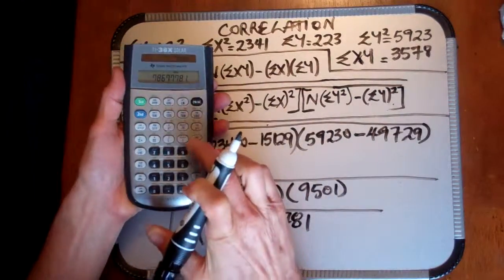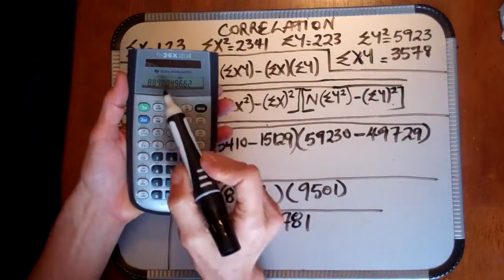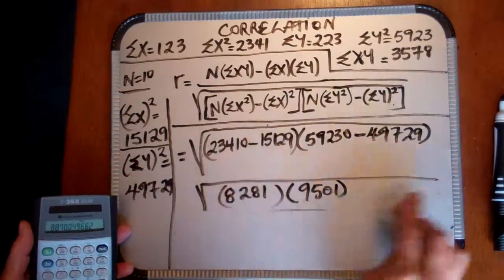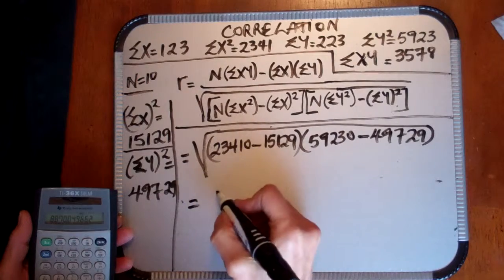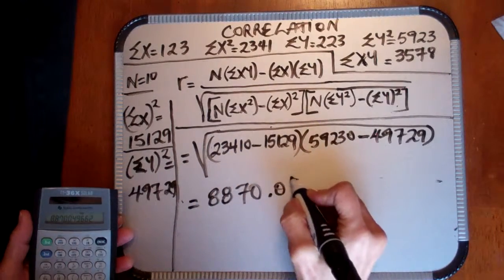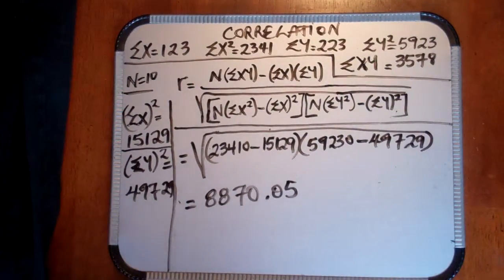78,681,... 77781, and you hit the square root sign, and that becomes 8870.05 if we round. Okay, 8870.05. And that's a number that's certainly within the range of our numerator, right?